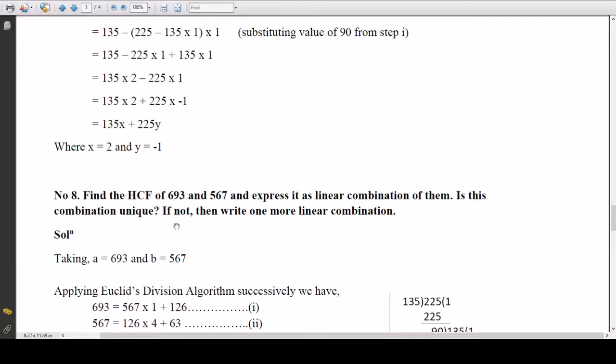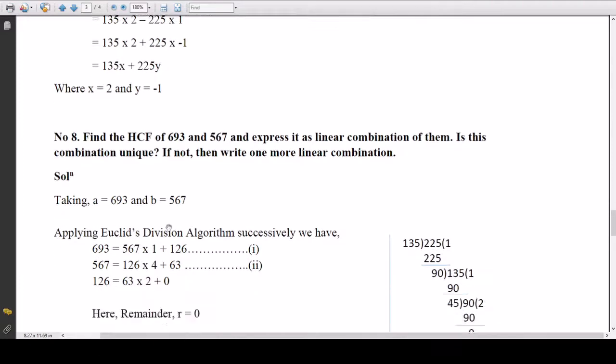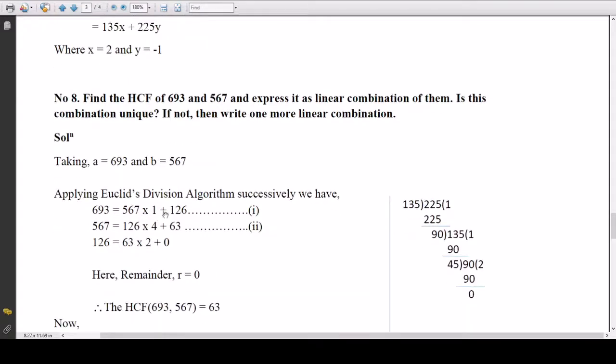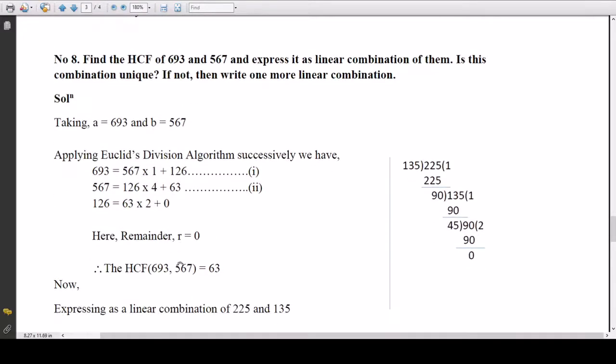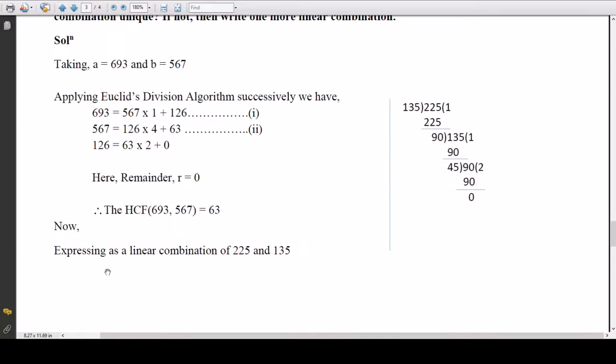Same thing, in the beginning you have to find the HCF of these two. I need not discuss finding the HCF, because so many times I've discussed it. I think by now you are able to do it by yourself. Now the HCF of these two numbers we have got to be 63. Now 63 we have to express as a linear combination of 225 and 135.